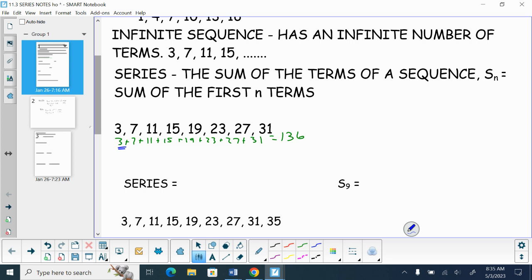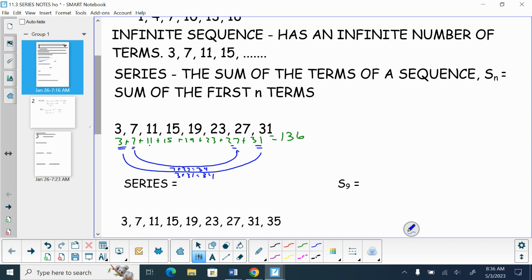If I take 3 plus 31, we get a value of 34. If we add 7 plus 27, we get 34.